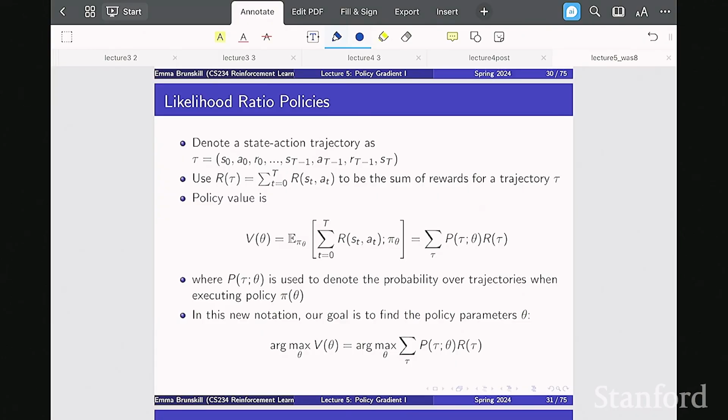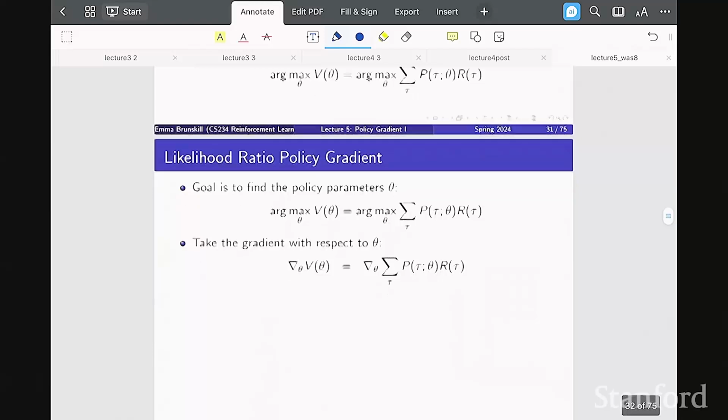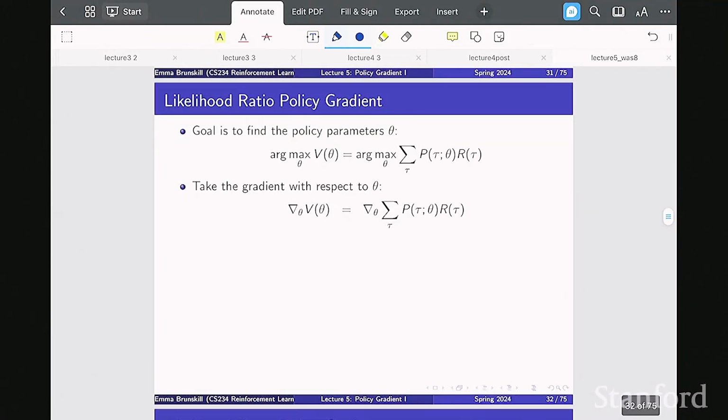So that's nice. Instead of just thinking about the value function, we can now think of it as, okay, I want to have policies that induce trajectories through the state and action space that give me high reward. So what we're going to need to be able to do is to take a gradient through the right-hand side. Okay, so that's what we're going to do now.